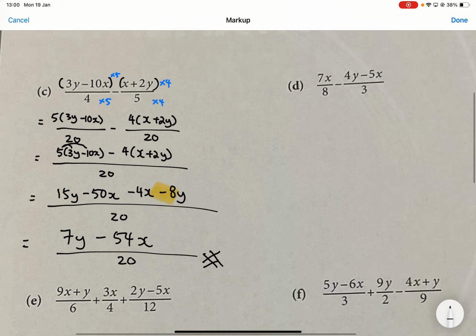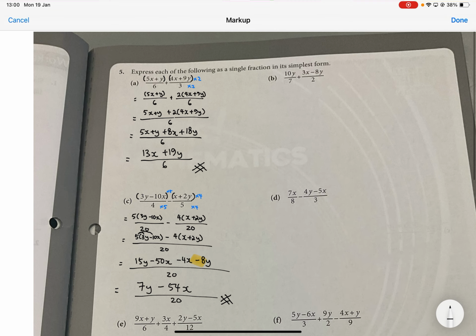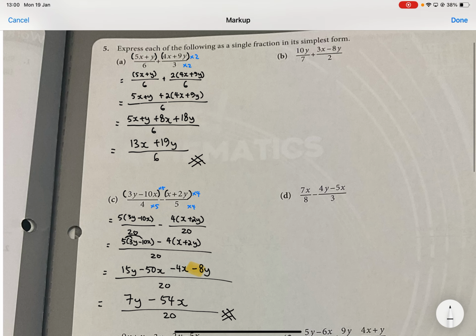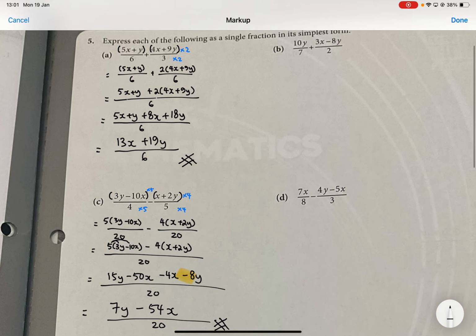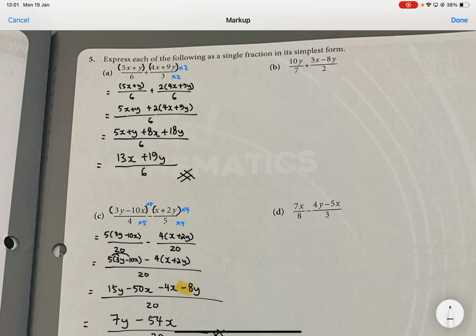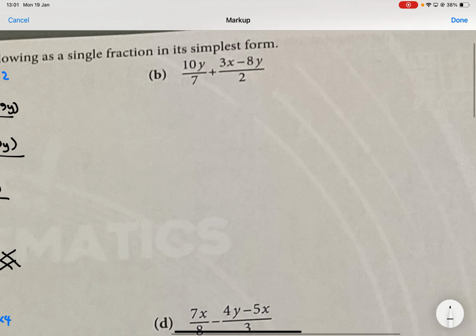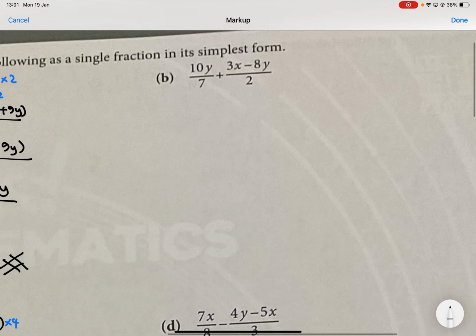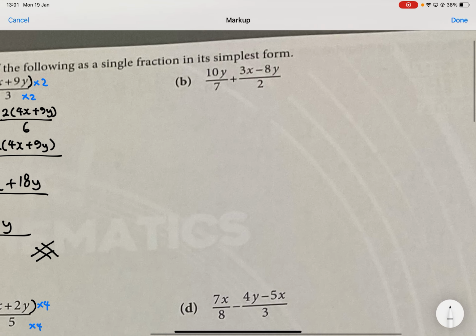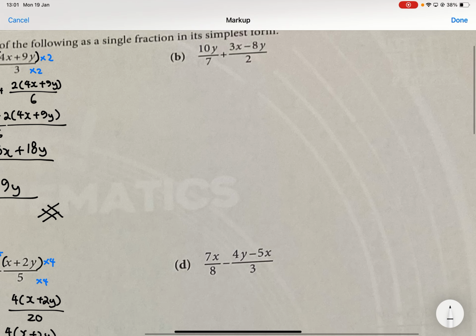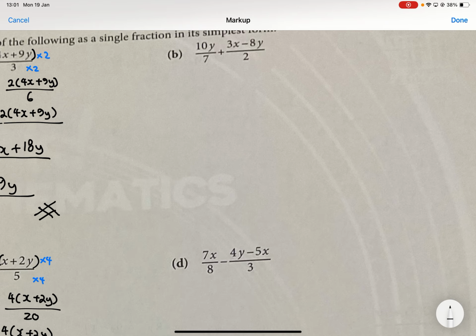Okay, your turn. B and D. Each of these questions should be 3 marks. So 3 marks and 3 marks, 6 marks. You should have 10 minutes.